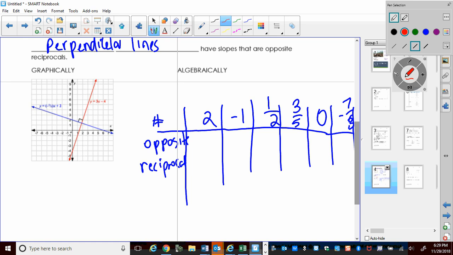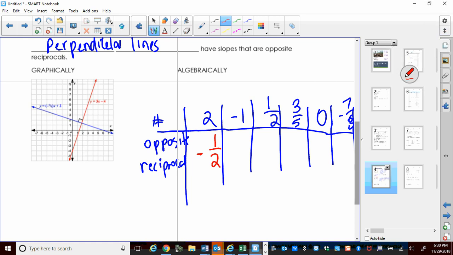Well, first, we're looking for numbers that are the opposite, and then the reciprocal. The opposite of 2 is negative, and the reciprocal is 1 divided by 2. The opposite of -1 is positive, and the reciprocal is just 1. The opposite of 1/2 is negative, and the reciprocal is 2.